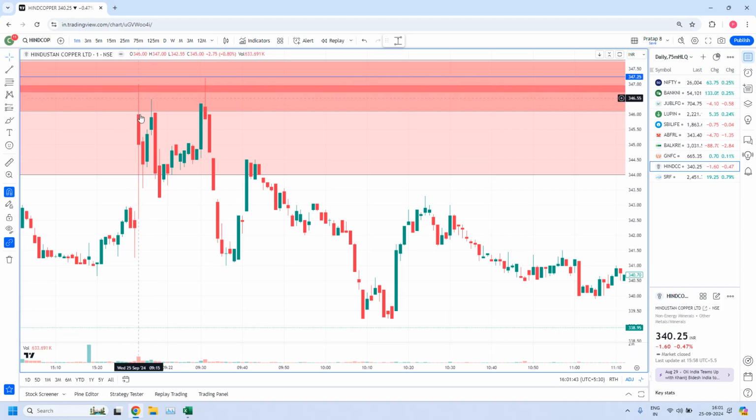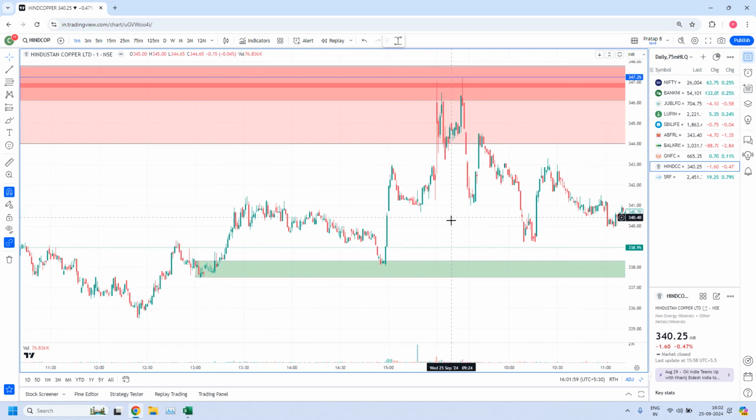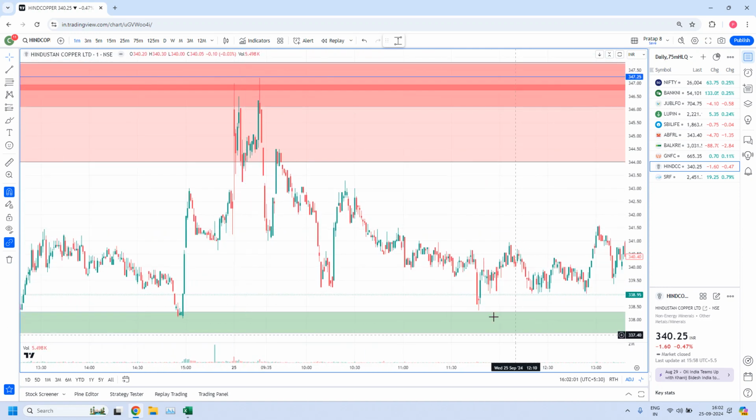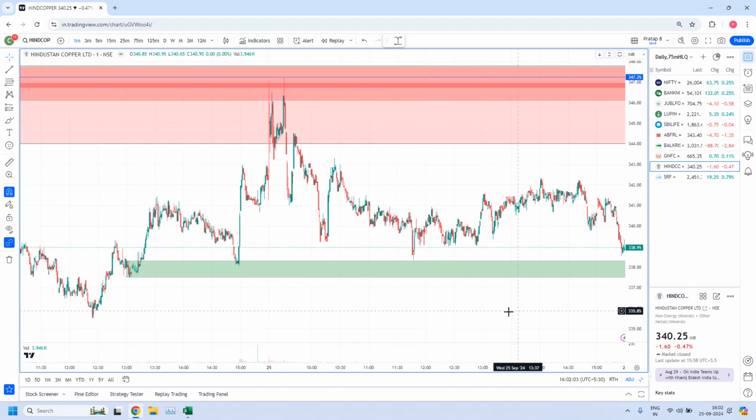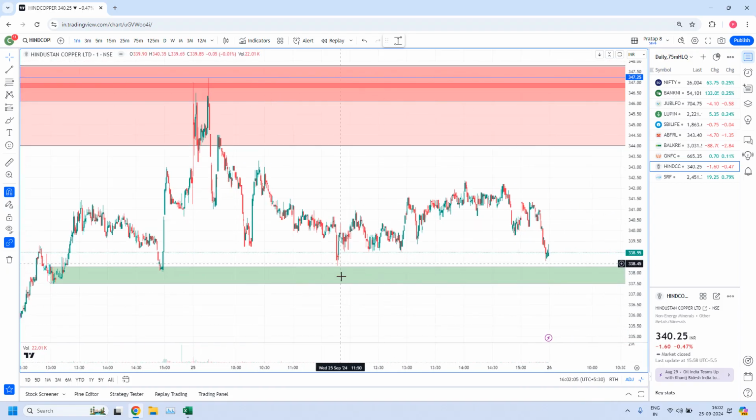Morning 9:15 candle, sorry, not 9:16, the morning 9:15 candle itself. We got the trade, and then the zone is pierced. Even though it is pierced within the stop buffer, after that price sharply moved down and finally reached the 15 minutes target zone here.